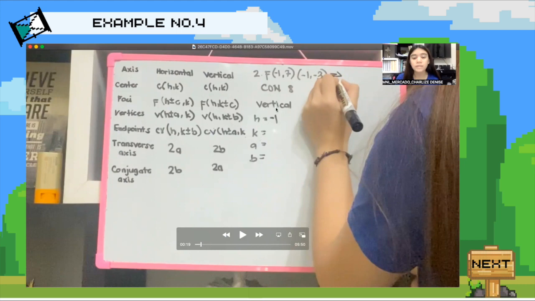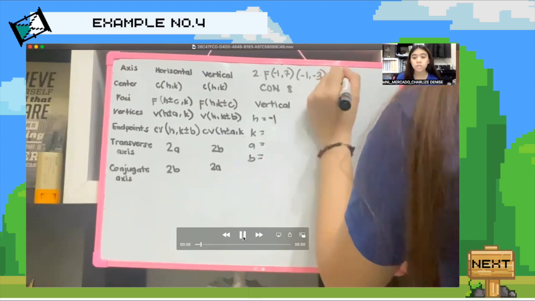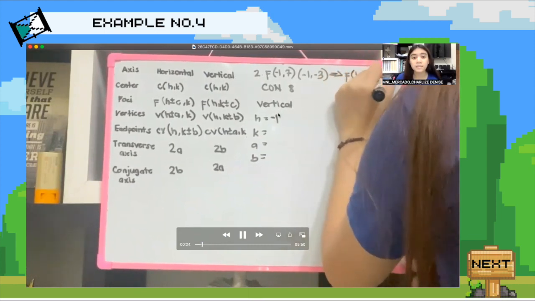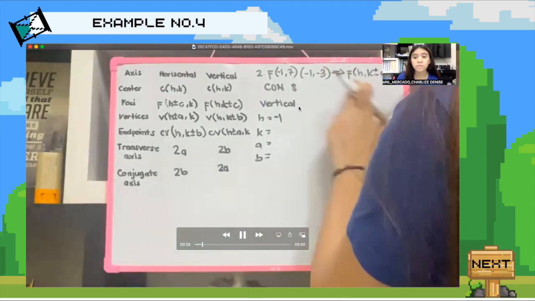So we can find the value of k using the elimination method, since k plus c is equal to 7 and k minus c is equal to -3. We need to eliminate c in order for us to find k.